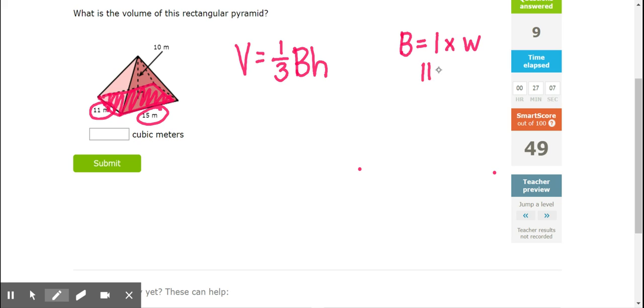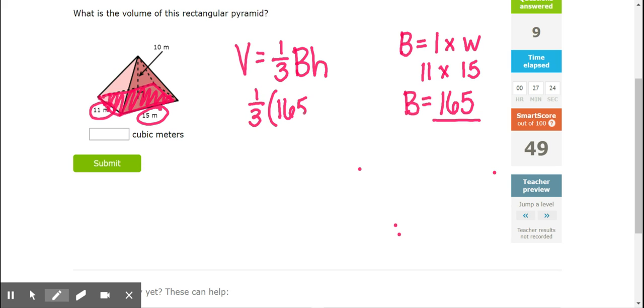So I'm going to do 11 times 15. I'm going to type that into my calculator, 11 times 15, and I get 165. So I'm going to bring down this 1/3. I'm going to substitute 165 in for my capital B, and my H is going to be 10.